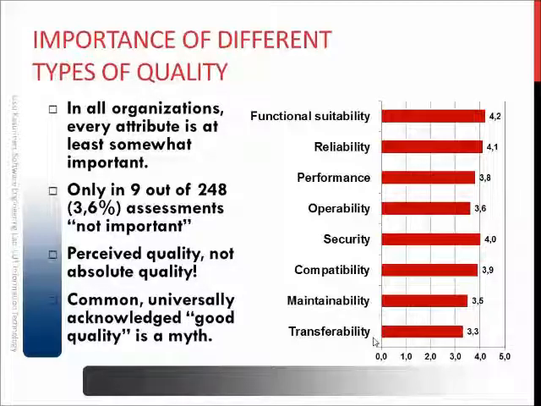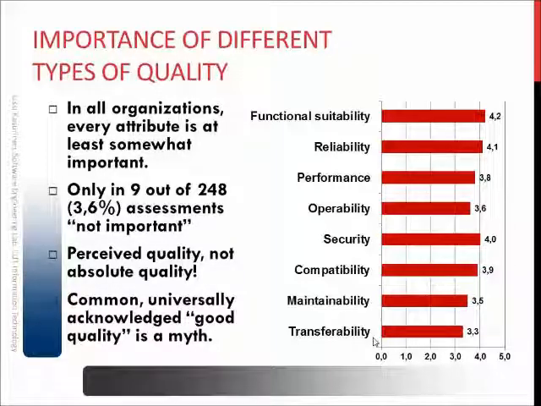We conducted a questionnaire where we asked how important you consider this attribute to be to your product, and the scale was a 5-point Likert scale, from not important, not very important, I don't care, important and very important, or something like that.